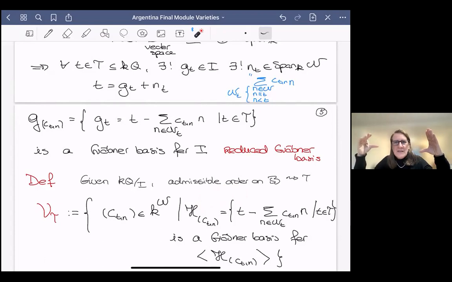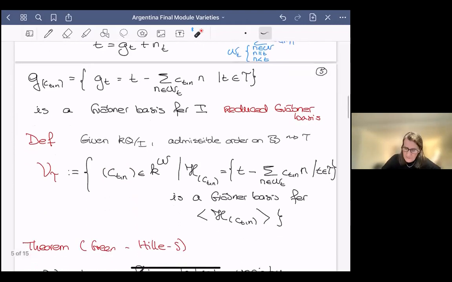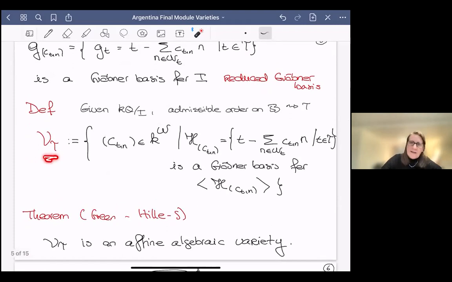And since it's a two-sided ideal and we have chosen an order, it will have a Gröbner basis. And if this set itself is the Gröbner basis for the ideal it generates, then we take the associated set of scalars. Okay, and then what we show is that this is actually an affine algebraic variety.